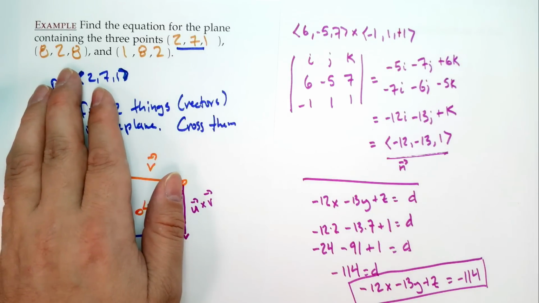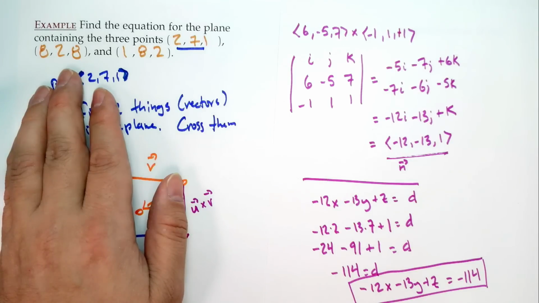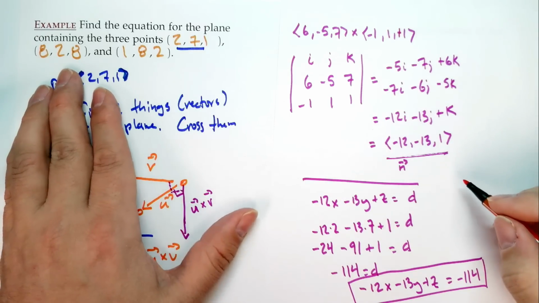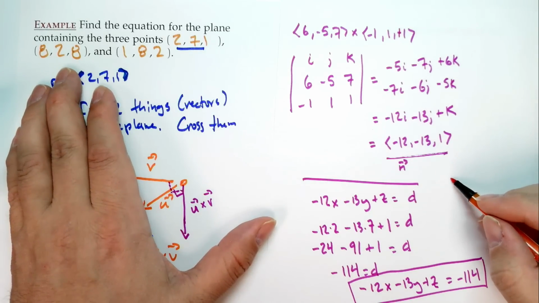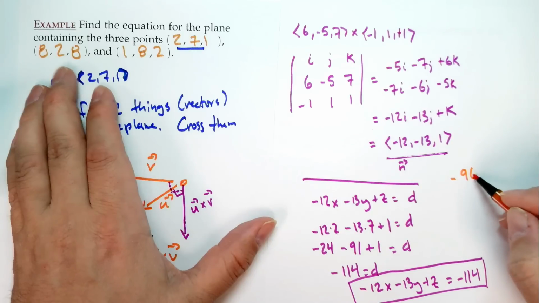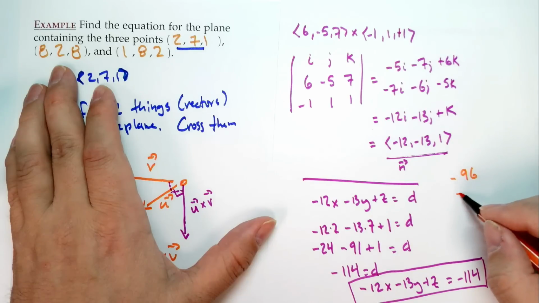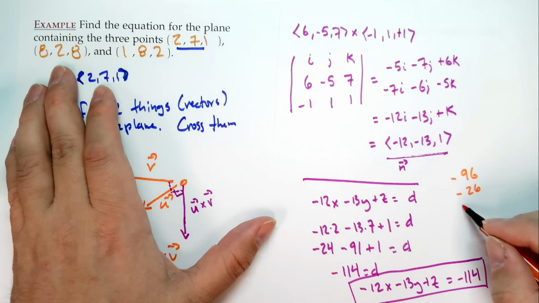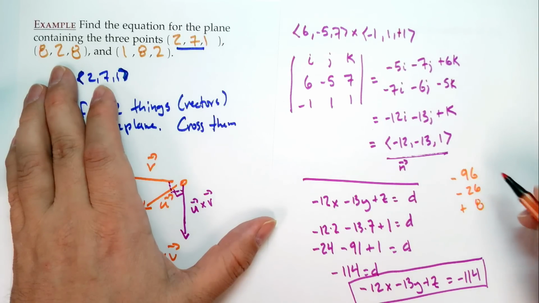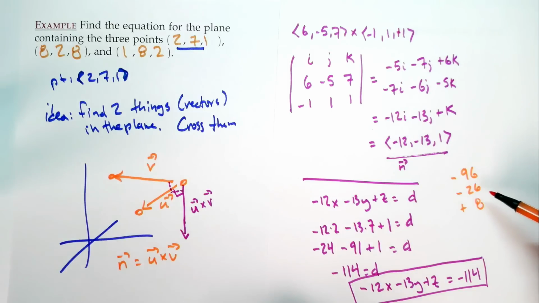So, quick double check here. We'll change colors to do that. So, minus 12 times 8, that's negative 96. And we'll have minus 13 times 2, which is minus 26, and then plus 8. So negative 96 minus 26 plus 8. Well, what will that be?